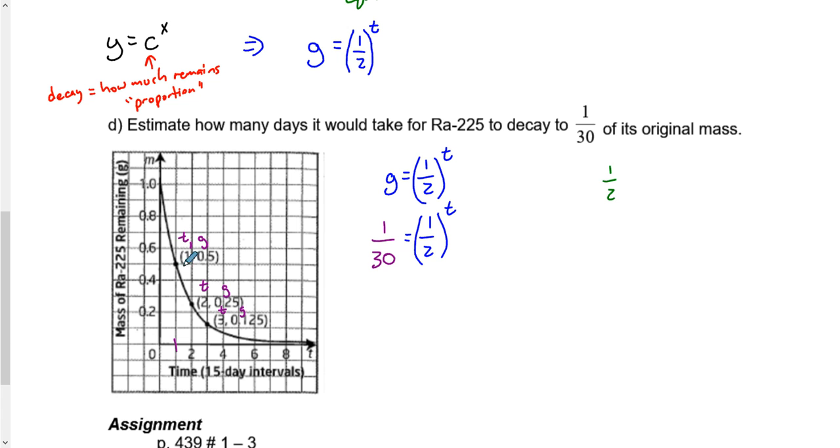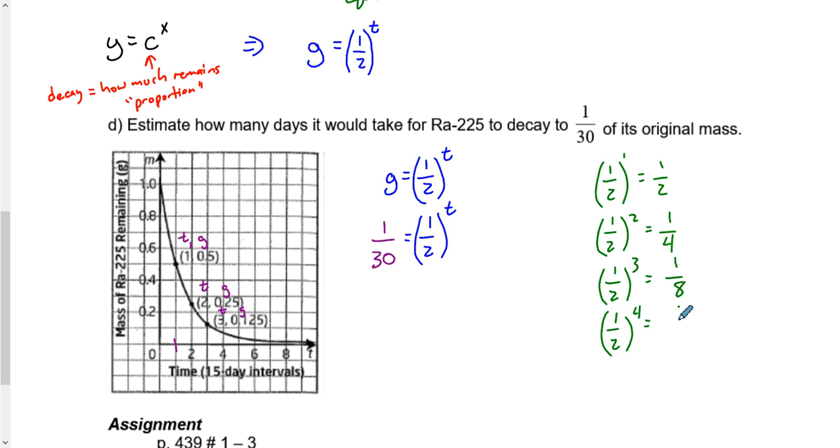But we know that 1/2 to the power of 1 is a half. 1/2 to the power of 2 is a quarter. 1/2 to the power of 3 will be an eighth. And hopefully you see where I'm going here, because that 1 goes to the power of 3 and that 2 goes to the power of 3. 1/2 to the power of 4 is 1/16th. Not quite 1/30th. If we go one more, 1/2 to the power of 5 is 1/32nd.